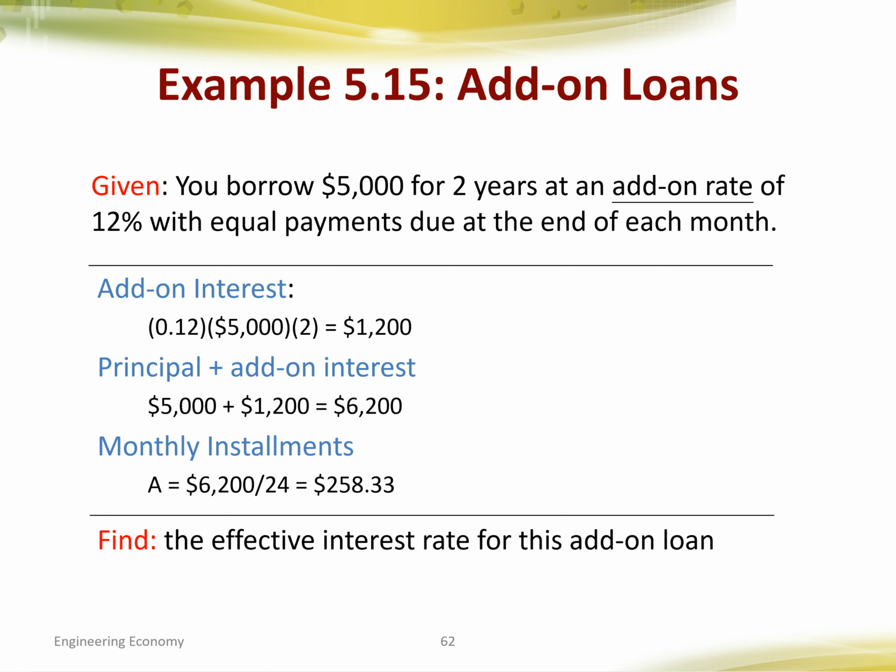We are paying 258.33 per month over 24 months. What kind of interest are we paying? What do you think? Are we paying higher, much higher than 12 or lower than 12?